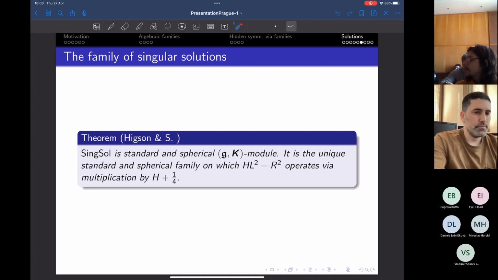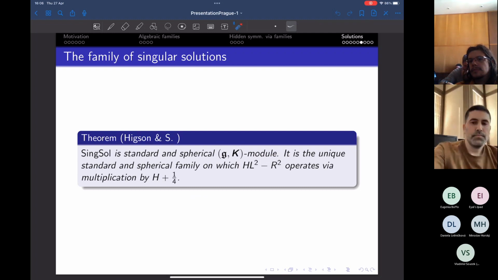I have a question. You defined these algebraic families of, for example, Lie algebras, and you gave some examples. For example, in the complex case, we have two Lie algebras which are involved.